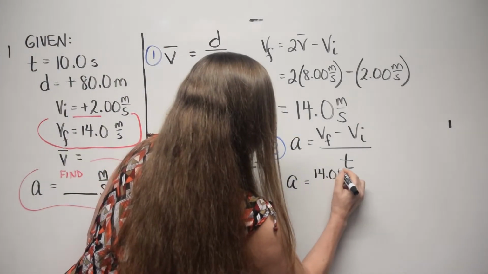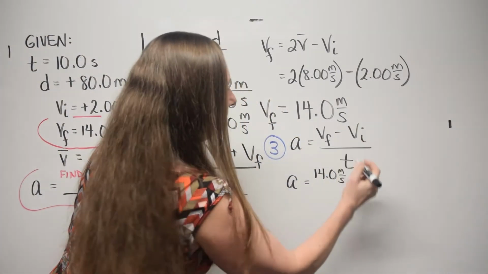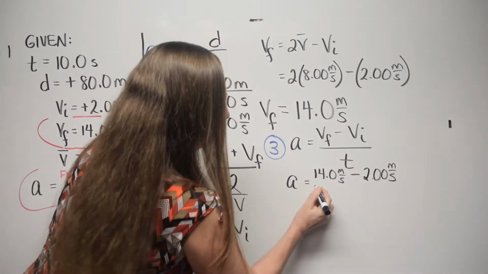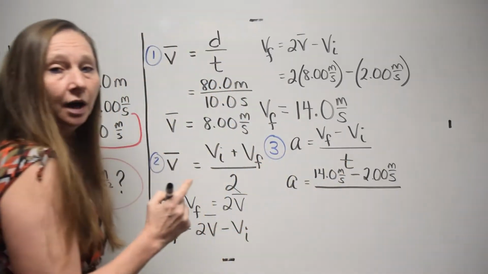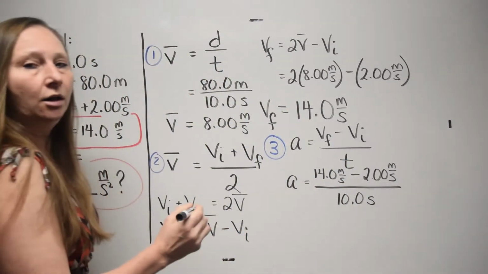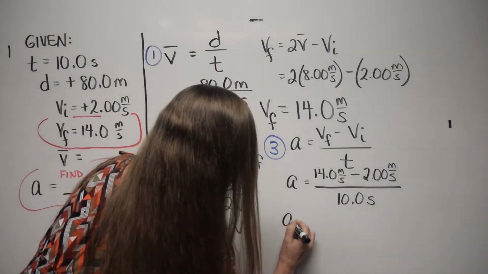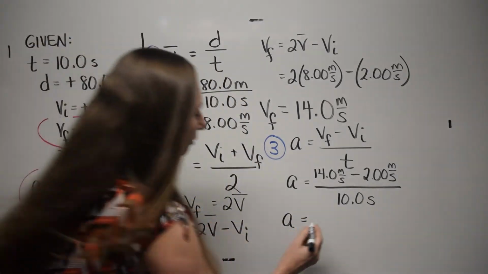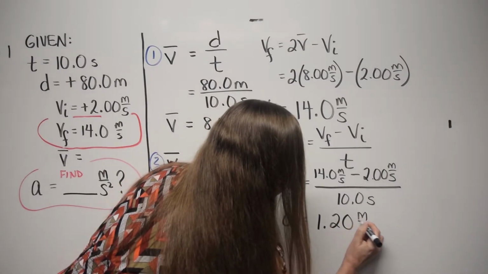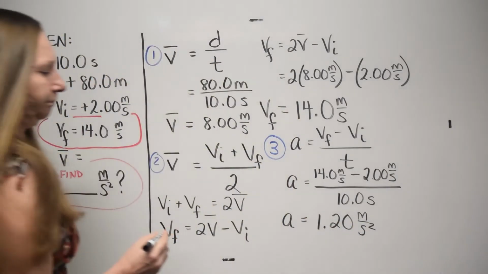So A is equal to 14 meters per second minus 2 meters per second. That's going to be 12 on top divided by 10 seconds. 12 divided by 10 gives us an acceleration of 1.20 meters per second squared.